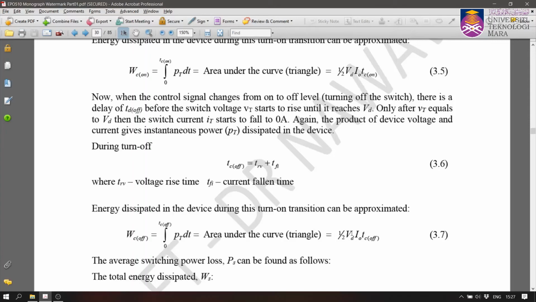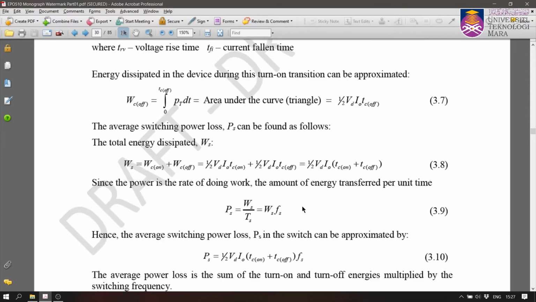we have tc off, the turn off time, and the total energy dissipated across the device will be Ws, the switching loss, energy on plus energy off. So you get this on, this off.